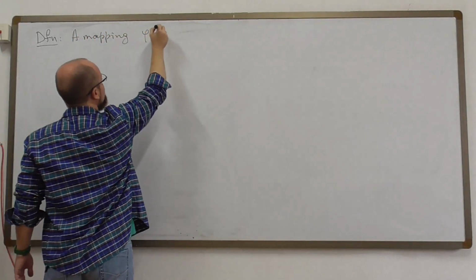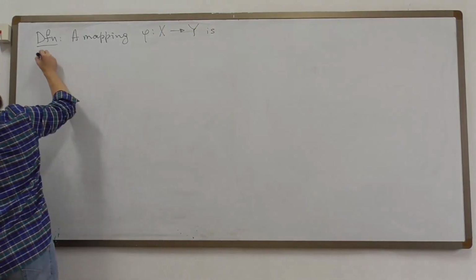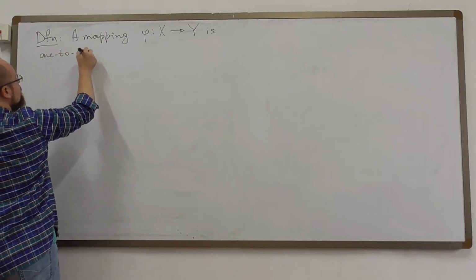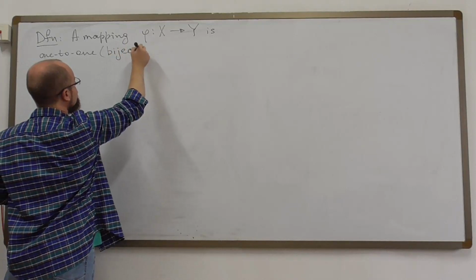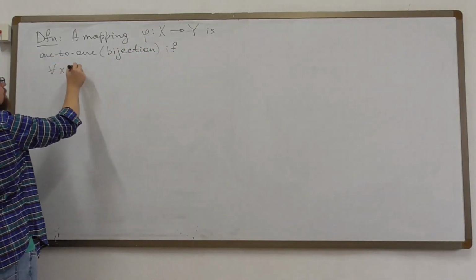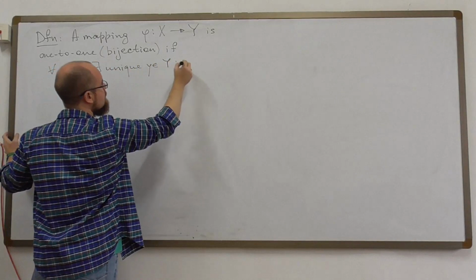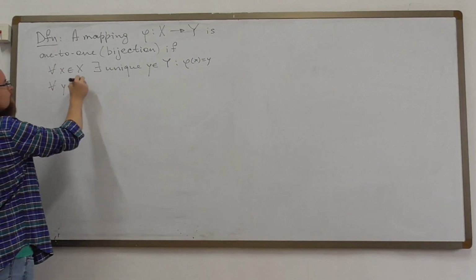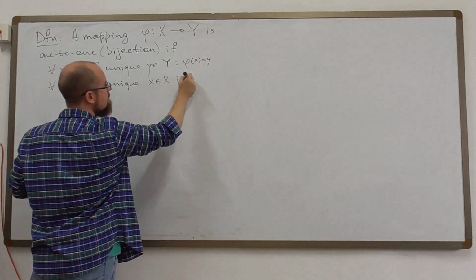A mapping phi from set X to set Y is one to one, or it is also called a bijection, if for every element from X there exists a unique element from Y such that phi of x is y, and conversely, for every element from Y there is a unique element from X with the same property.